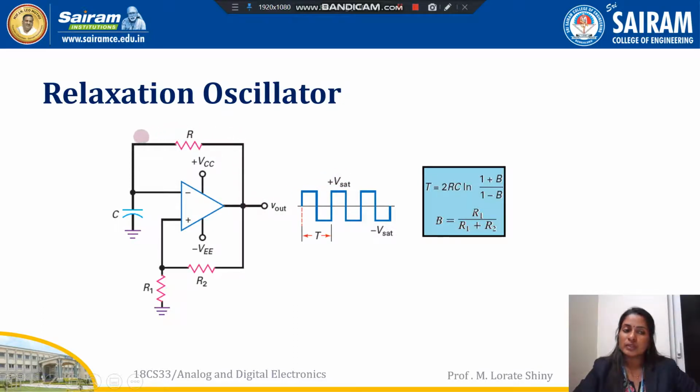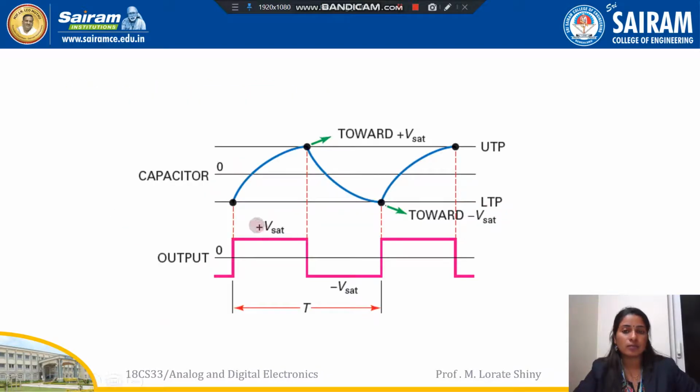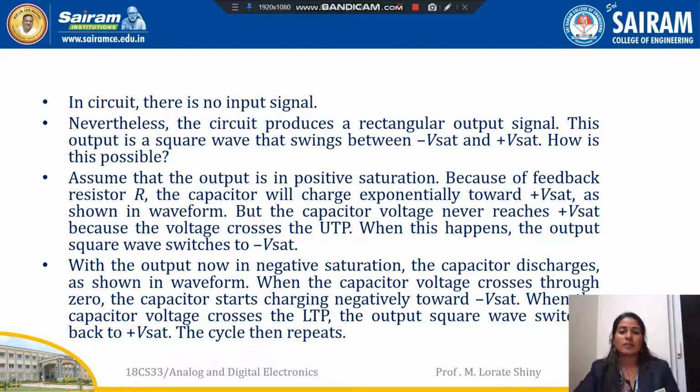Due to the feedback resistor, the capacitor will start charging towards plus Vsat, but the capacitor voltage will never reach plus Vsat, because the voltage crosses the UTP, the upper threshold voltage.